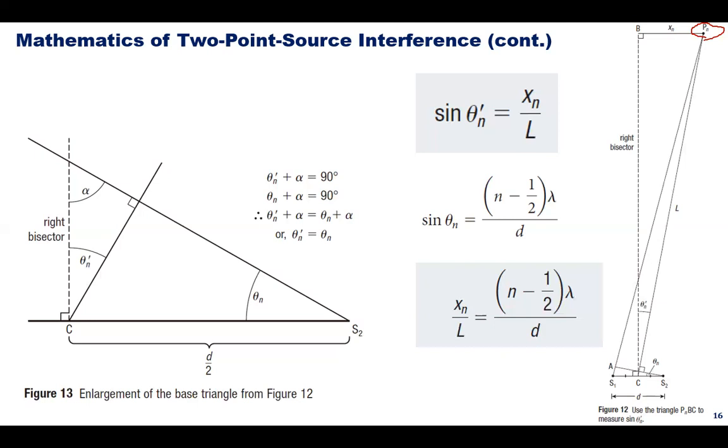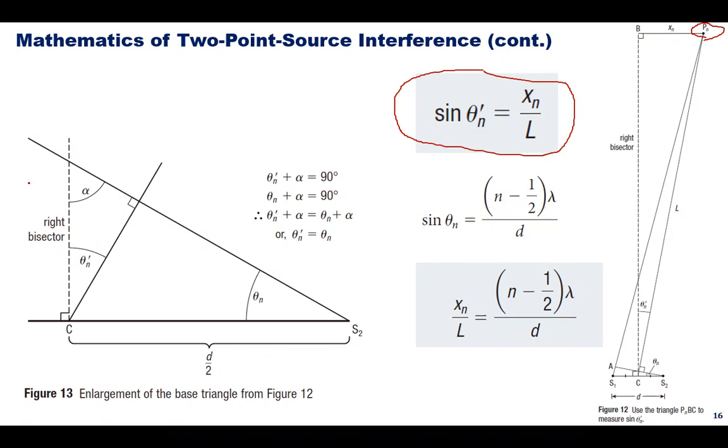L is the distance from Pn to the midpoint between the two sources. And n is the number of the nodal line. Therefore, we have the following relationship here. Sine theta n prime equals xn over L.